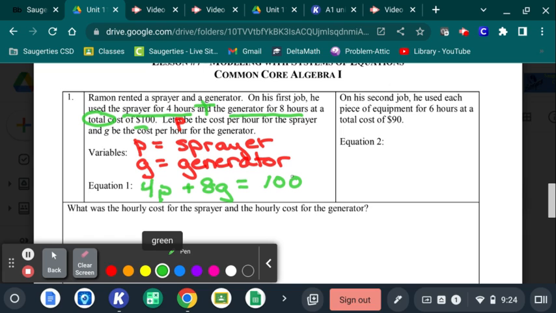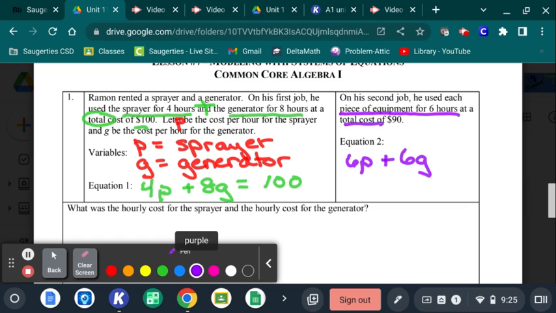And just like that, we made an equation. Now let's look at the next box. On his second job, he used each piece of equipment for 6 hours. So the sprayer was 6 hours, the generator was 6 hours, and the total was 90.